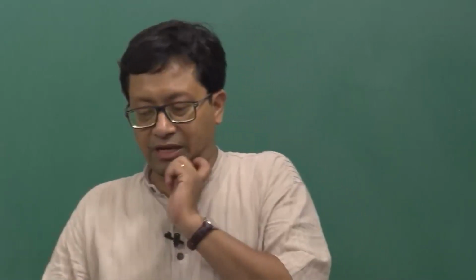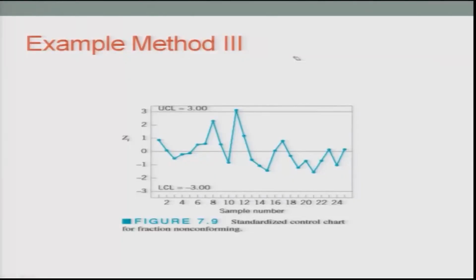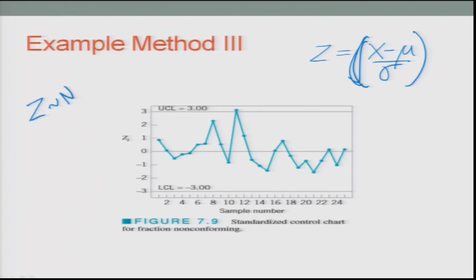Here the upper control limit and the lower control limit would be plus and minus 3. Why are they plus and minus 3? You have already converted X into Z using the standard normal deviate. The interesting issue is Z has a normal distribution with 0 mean and 1 standard deviation.